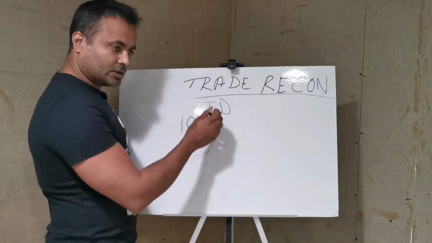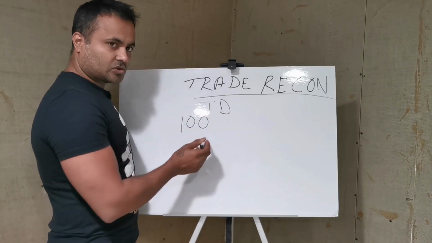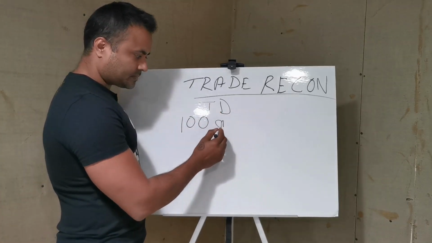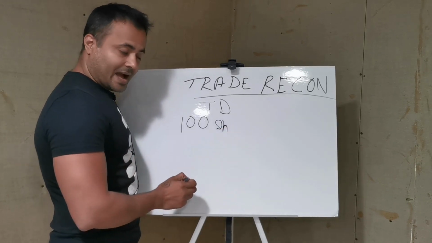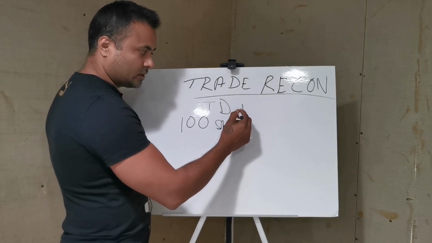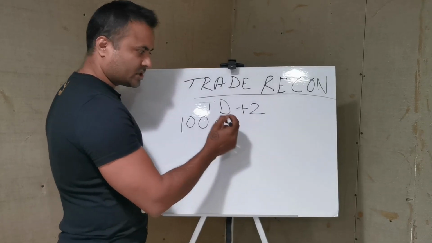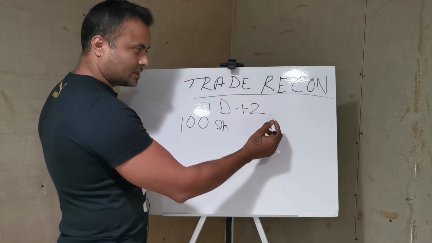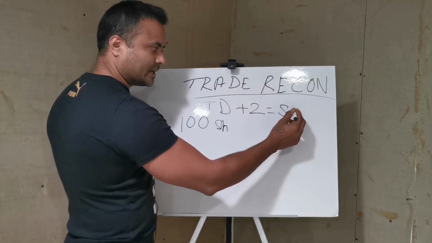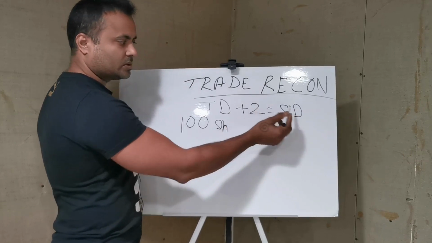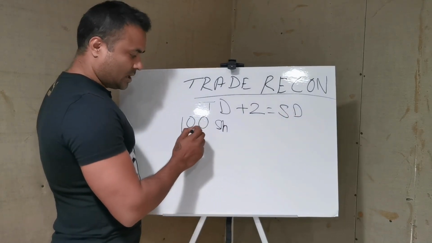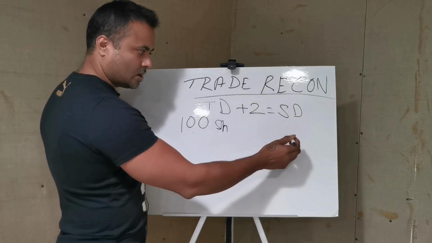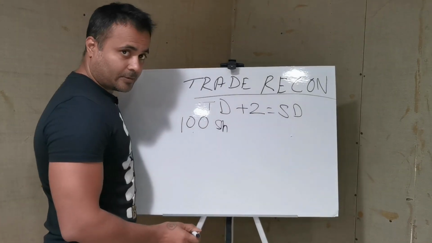It means on this day the front office booked a trade for 100 shares, and that's going to settle on T plus 2, trade date plus 2, which is equal to the settlement date. So this 100 shares is going to settle on the settlement date.